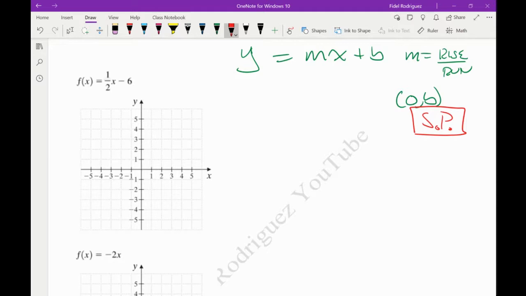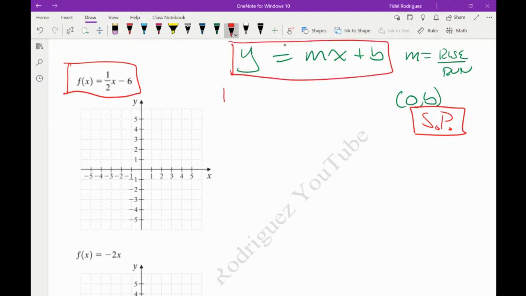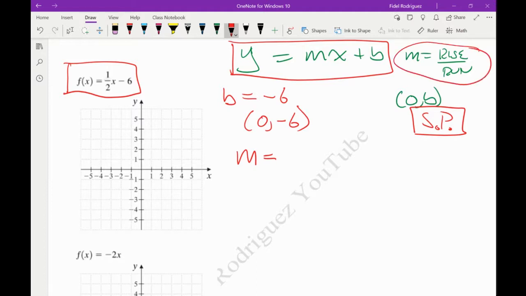Okay. So let's see if we can do a little stare and compare. We're going to look at this guy right here, and we're going to look at this thing right here. First question, anybody know what the number b is? What do you think? -6, good. So remember, my starting point is now (0, -6). Now, let's find the rise over the run, which is my m.